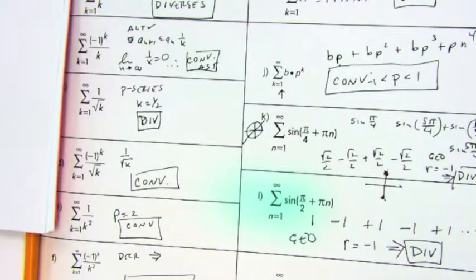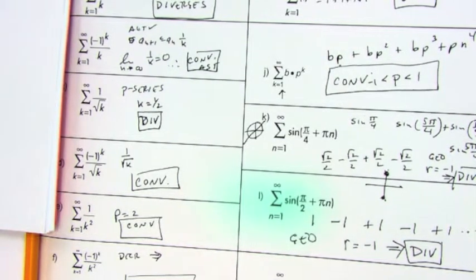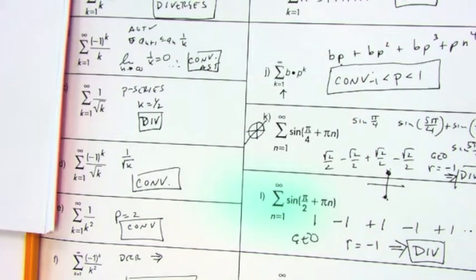So this is root 2 over 2. This is negative root 2 over 2 squared. This is root 2 over 2 cubed. And this is negative root 2 over 2 cubed, or to the fourth. So what am I doing? I am multiplying by negative root 2 over 2 each time. So r is equal to negative root 2 over 2, whose absolute value is less than 1, so it converges. So it is also geometric.